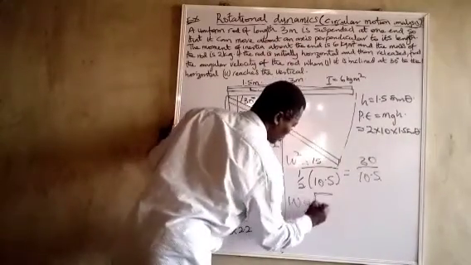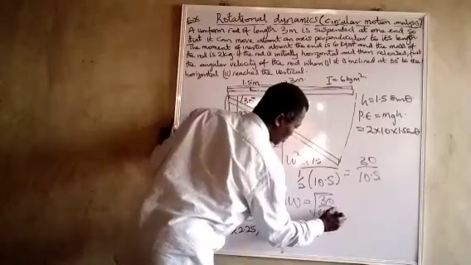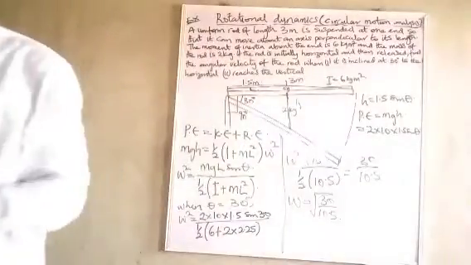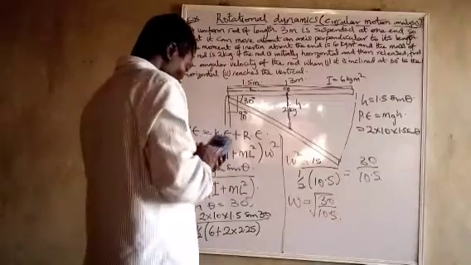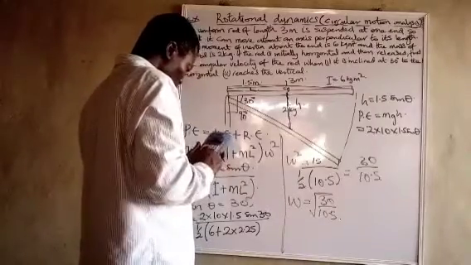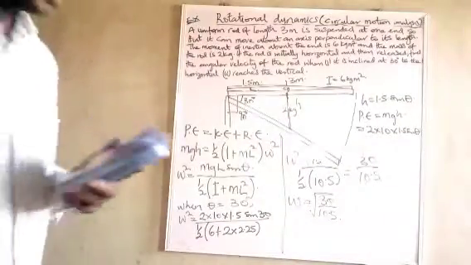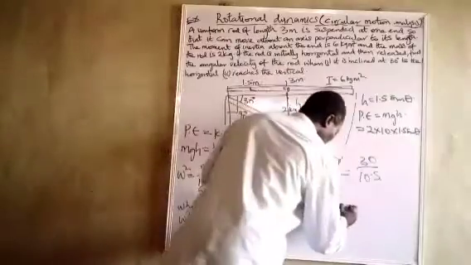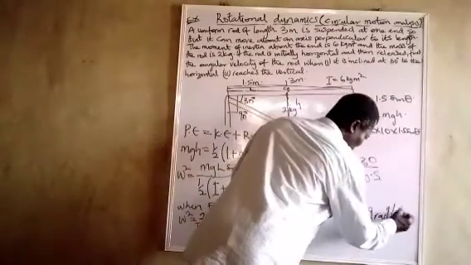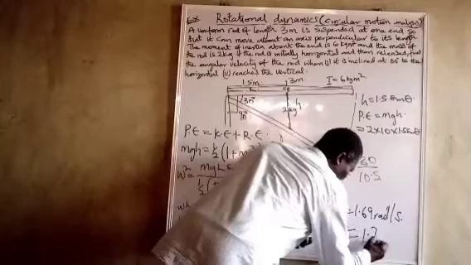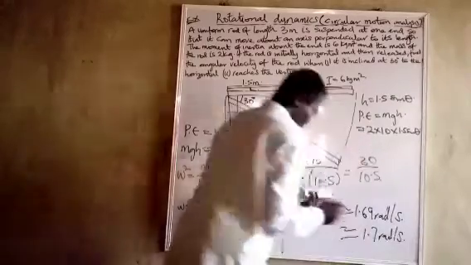Omega will be equal to the square root of 30 over 10.5, and that will be equal to 1.69 rad per second, approximately 1.7 rad per second.